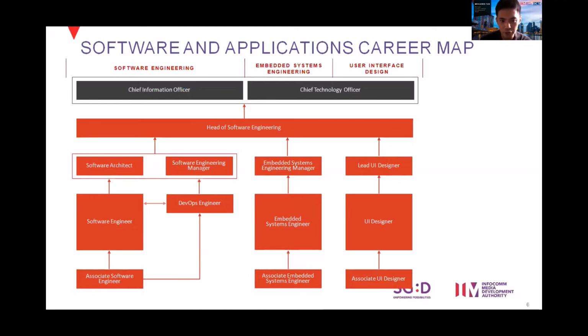However, if I want to explore an adjacent area, for example DevOps, which has been an up-and-coming area in line with the agile as well as cross-functional trends of the industry, I can build on my existing skills as a software engineer to transition to this area with perhaps some additional training or skills needed for me to take on this role. So this is an example of how you can read the career map of the skills framework.